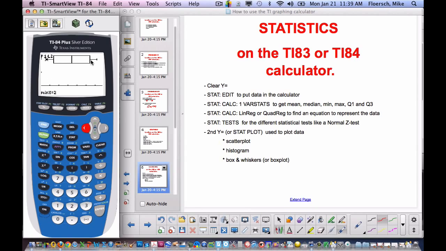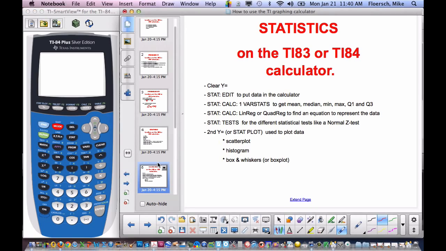If I scroll to the right, this would be Q3, and then this would be max. But if you hit the trace button, that will help you find information for your box and whiskers, or your minimum and your maximum, your Q1, your Q3, which is your 25th and 75th percentile, and your median, which is your 50th percentile. It's a great way to work with statistics on your calculator.